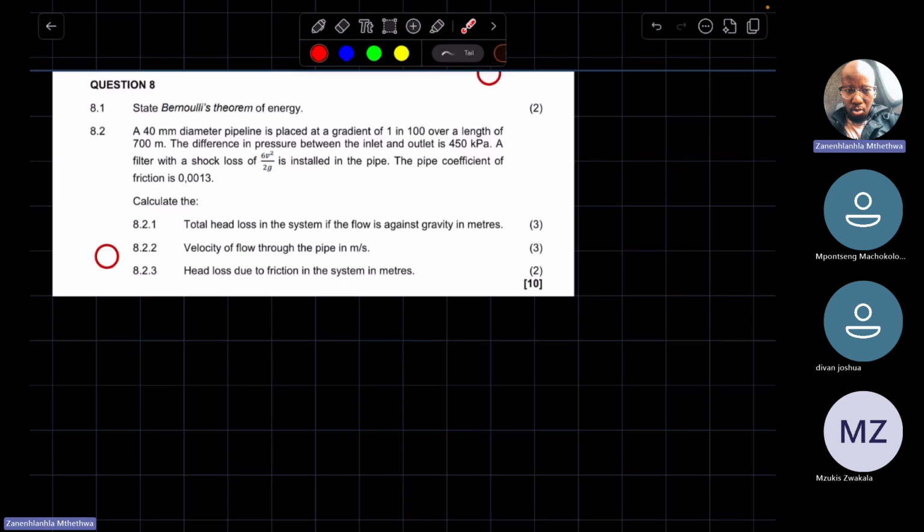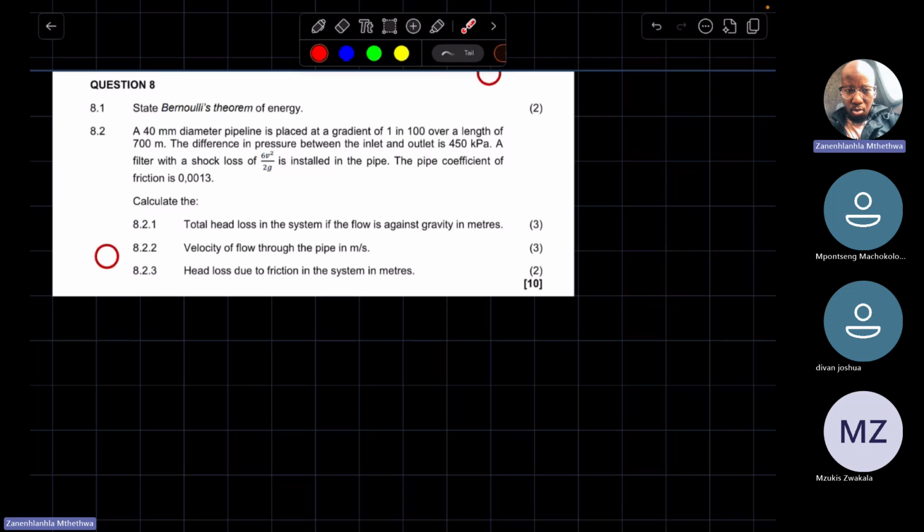Bernoulli's theorem, or Bernoulli's principle, essentially looks at the conservation of energy in a moving fluid, so all the energies involved in a moving fluid. The standard energies involved are your pressure energy, your kinetic energy, as well as potential energy.